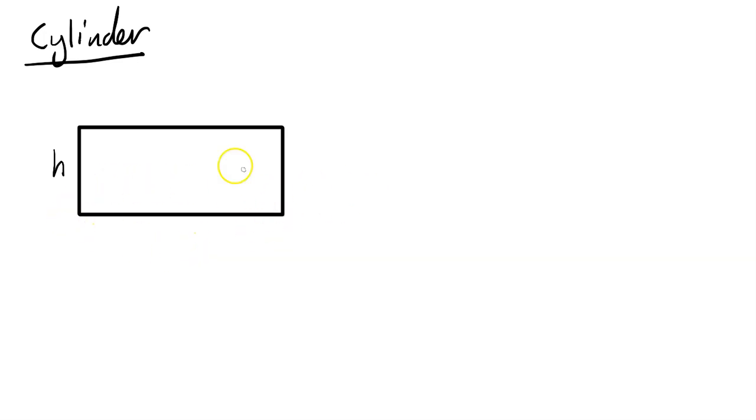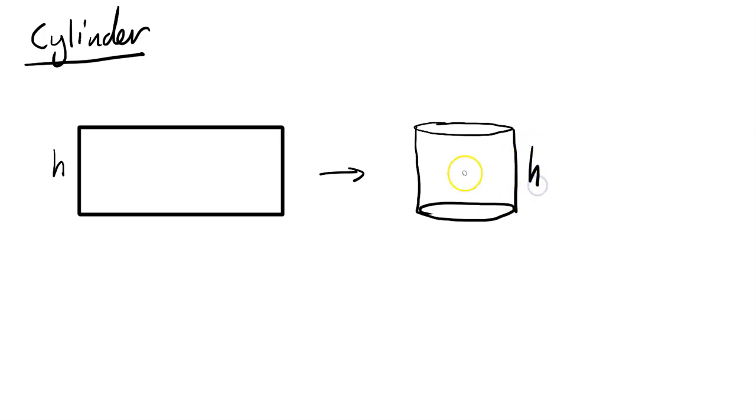If we roll up this longer edge of the rectangle, that becomes the circumference. So we make this figure. The height of this solid figure is this length here, and this is the circumference, which corresponds to this one.